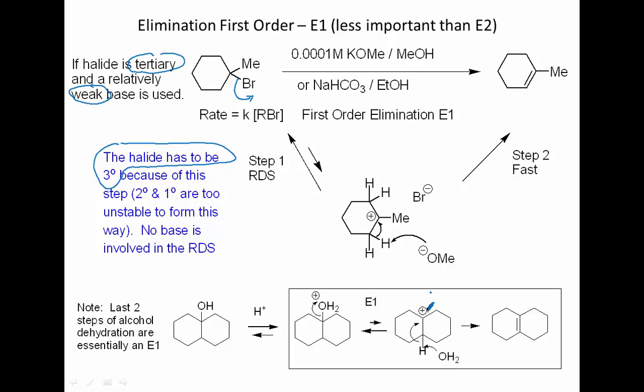We're eliminating water to make a carbocation, and then we're making the alkene in the second step of the reaction. All right, so I think this is where this video ends.